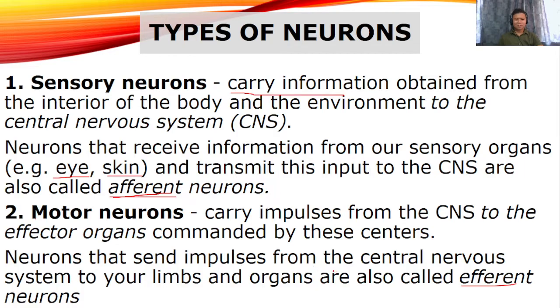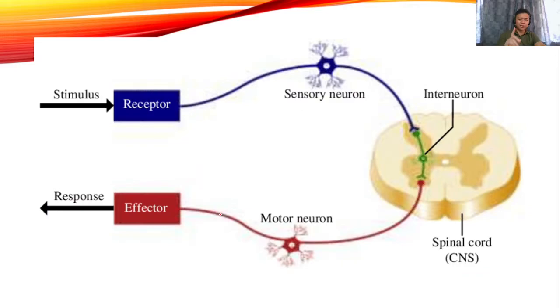Neurons that send impulses from the central nervous system to your limbs and organs are called the efferent neurons. So let me give you an example. There are different stimuli in our environment.